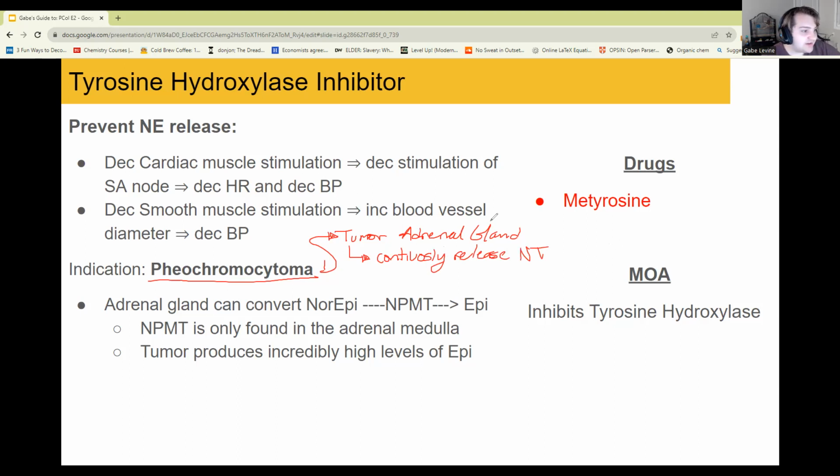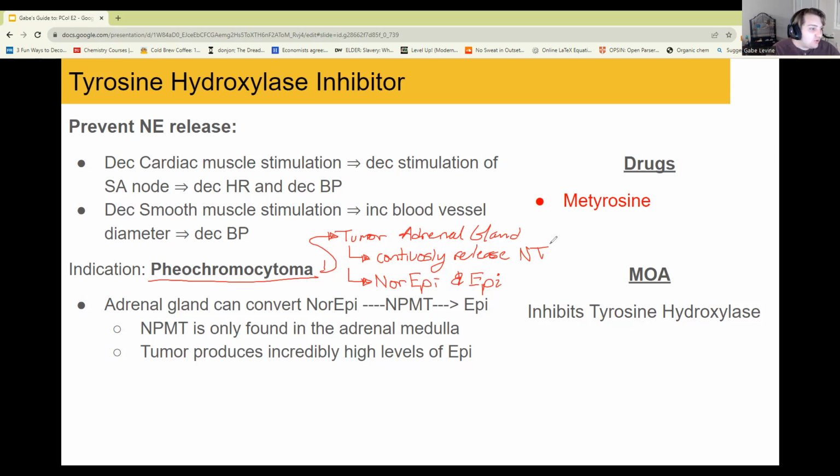And which neurotransmitters are specifically coming from this tumor? Norepi, which through a specific enzyme that is in the adrenal gland, PNMT, it releases epi. So the tumor is releasing norepi and epi in huge supplies.